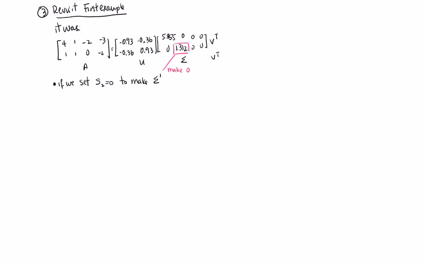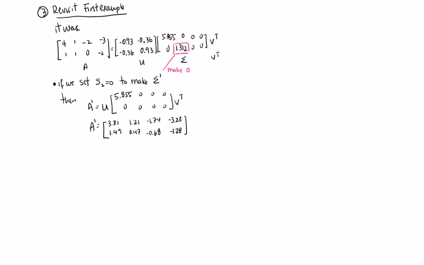Then if we recalculate, I create a new A. I take exactly the same U, I take the new sigma prime, which is this. This is what we get. So again, let me pause and fill this in, bunch of digits. So this is the result.